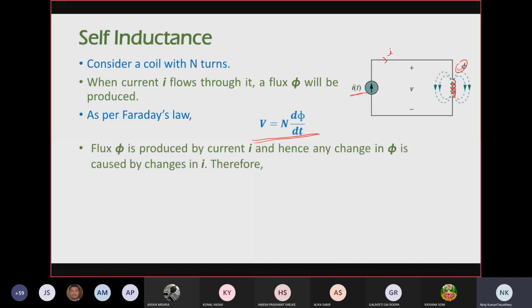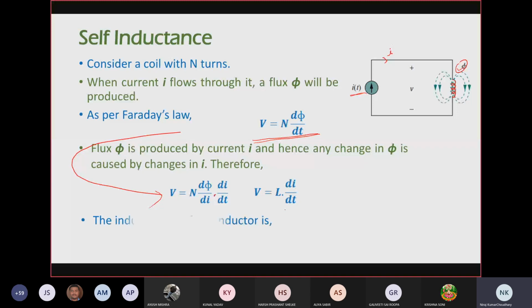Therefore we can write this voltage expression in this form: V is equal to n d phi by di into di by dt, which is basically equal to V is equal to L di by dt, where L is the inductance of the coil, which is equal to L is equal to n d phi by di. Where does this come from? It is basically the relation phi is equal to Li.